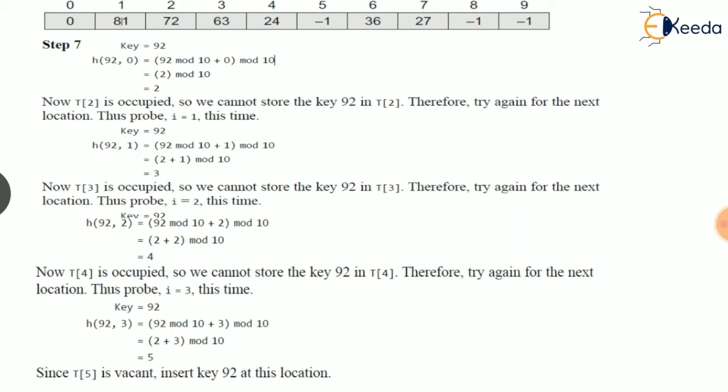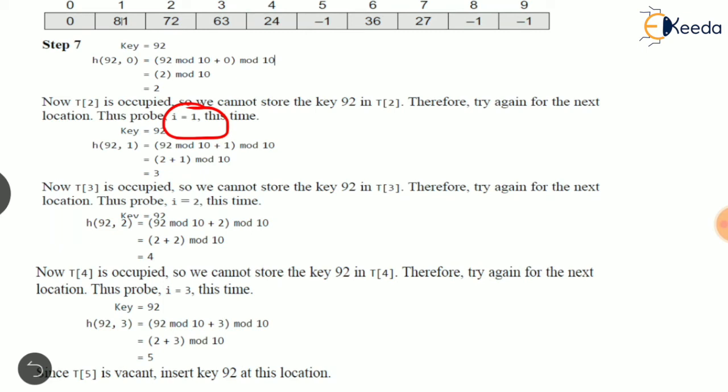Thus, probe i is equal to 1. So the probe value is i equal to 1 this time. Now again key is equal to 92. h(92, 1).